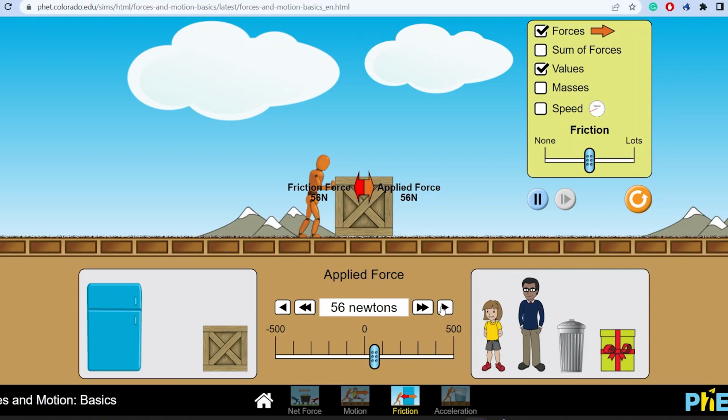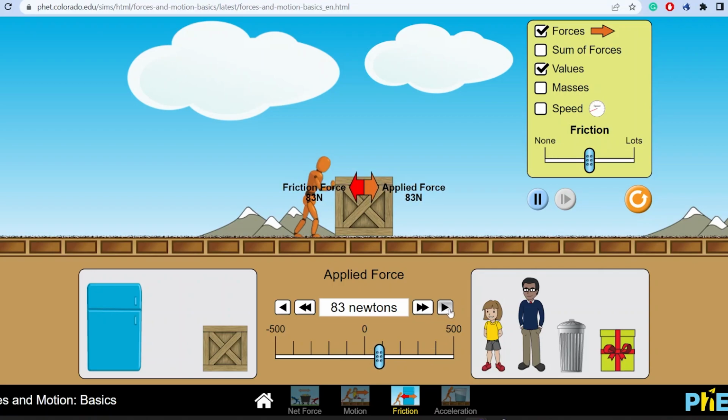If I increase the applied force, the static friction is increasing with it. Why? Because I have not yet reached the maximum static friction. So if I'm under the maximum static friction, the static friction can equal any force you push, so long as it's under the maximum, right? And it will keep doing that until you go above the maximum.